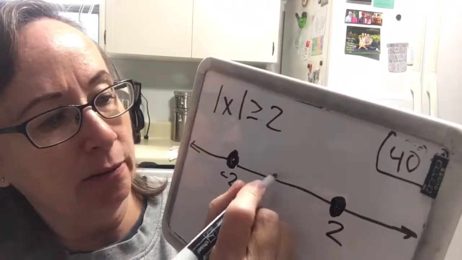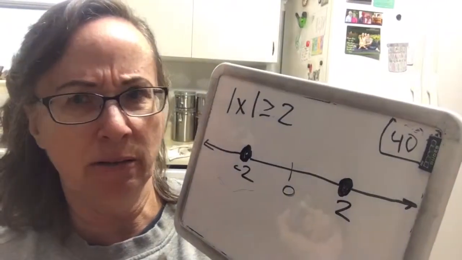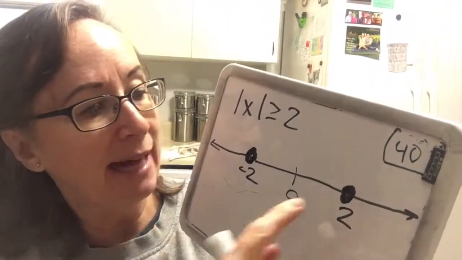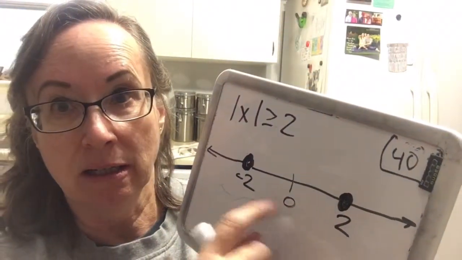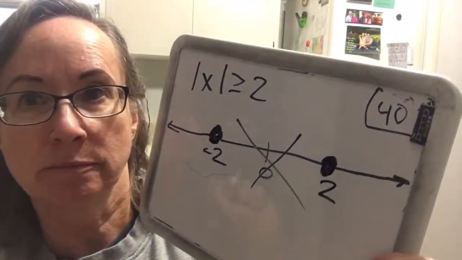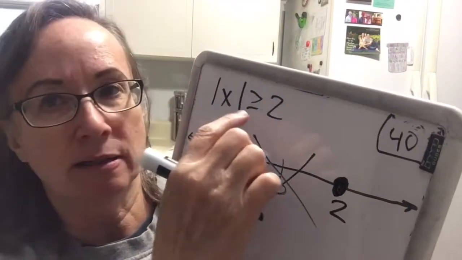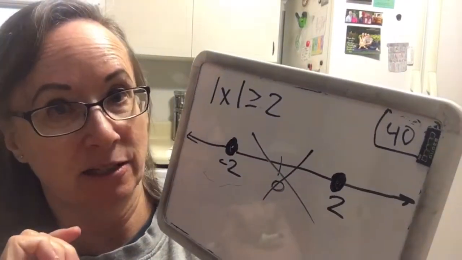Now, if I pick 0 on this one, then I say 0 is greater than 2. That doesn't work. Okay? In fact, anything in here, in between, none of this is going to work. Every single value in here is going to be less than the 2.